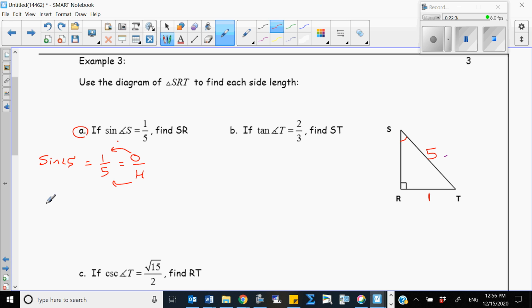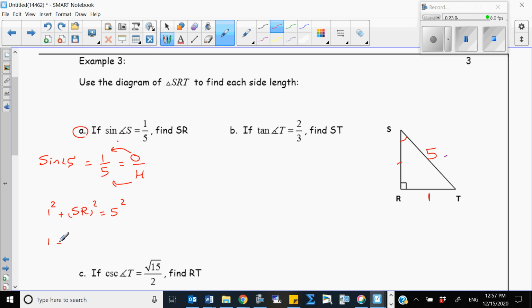So, based on Pythagorean theorem, the sum of the squares of these two sides is equal to the square of the hypotenuse. So it's 1 squared plus this side, let's call that SR. That's what I am looking for. SR squared is equal to hypotenuse squared, 5 squared.